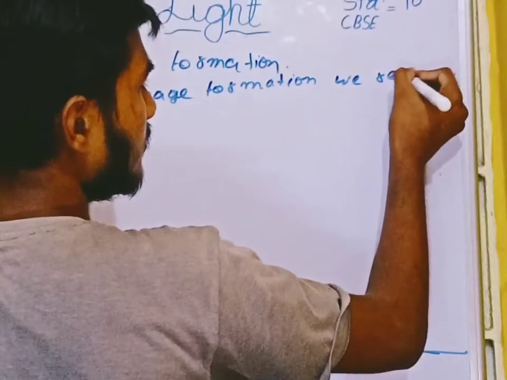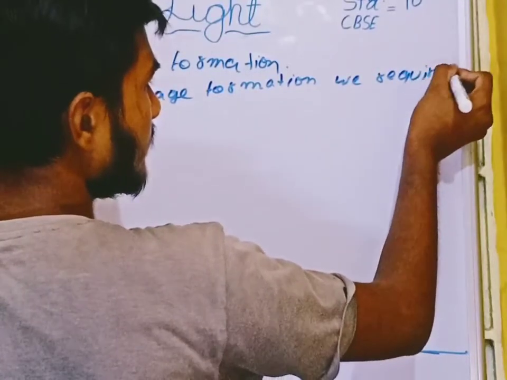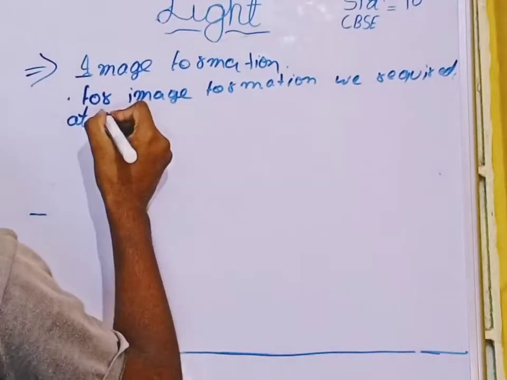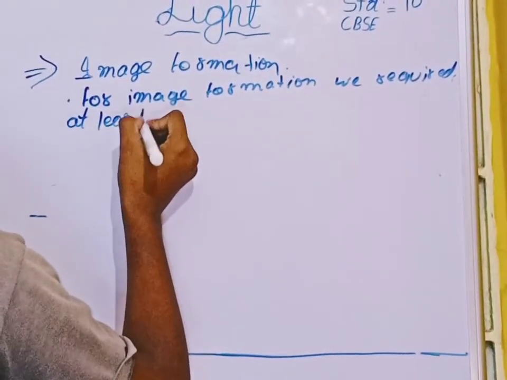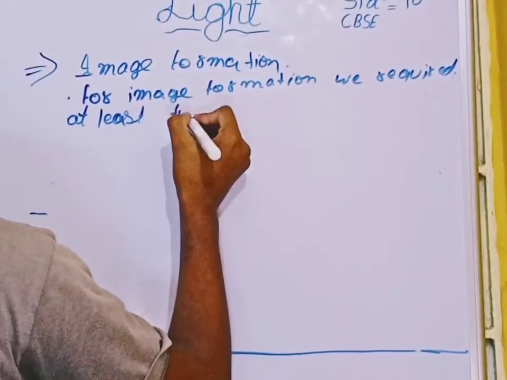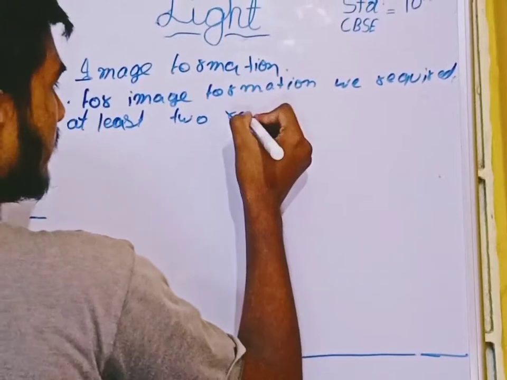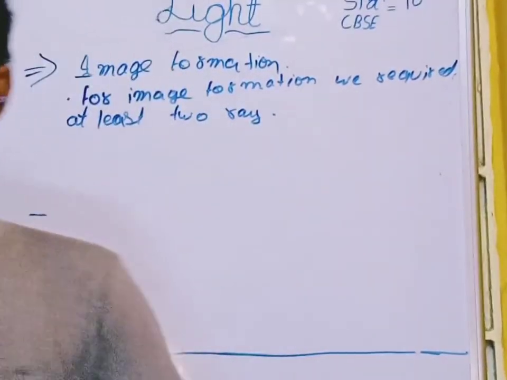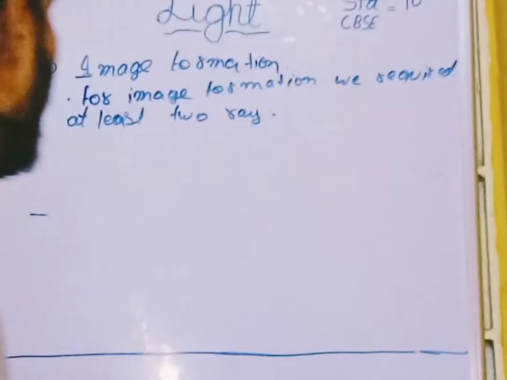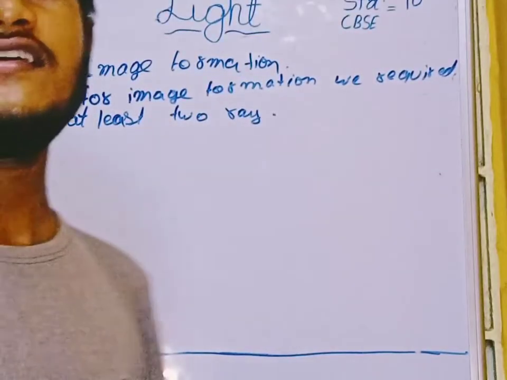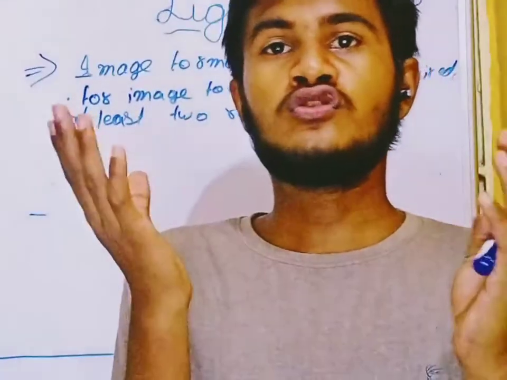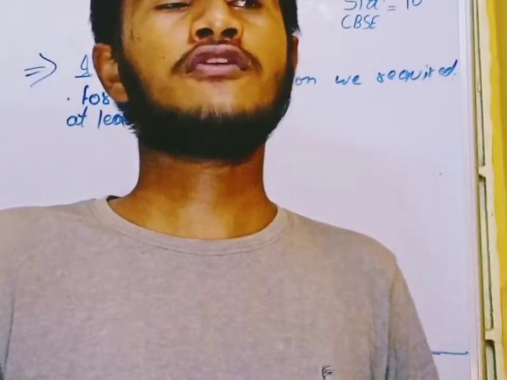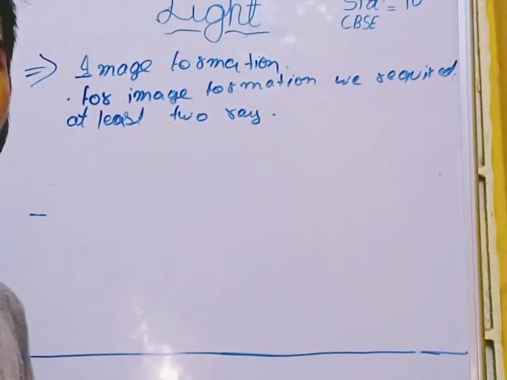For image formation we require at least 2 rays. For drawing the diagram we need to know some conditions and rules of drawing the diagram.